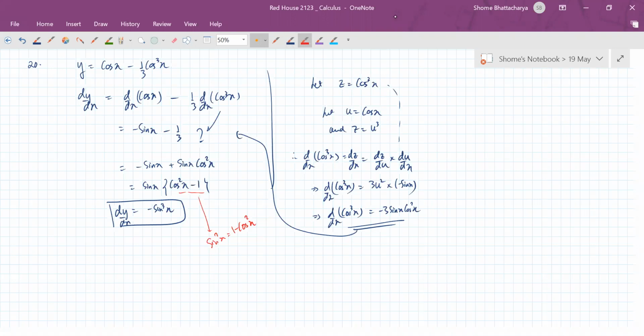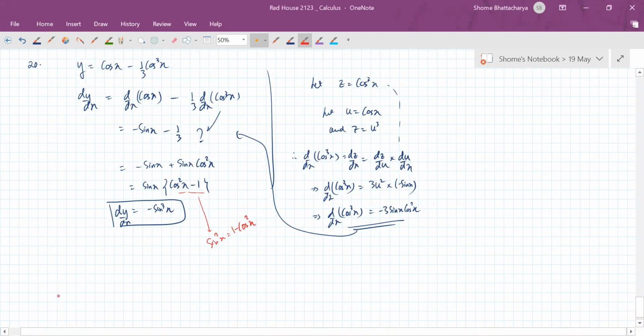Okay, let's move over to 25th question next. Twenty-fifth and 26th both, and actually 27th also, all three we have to solve.